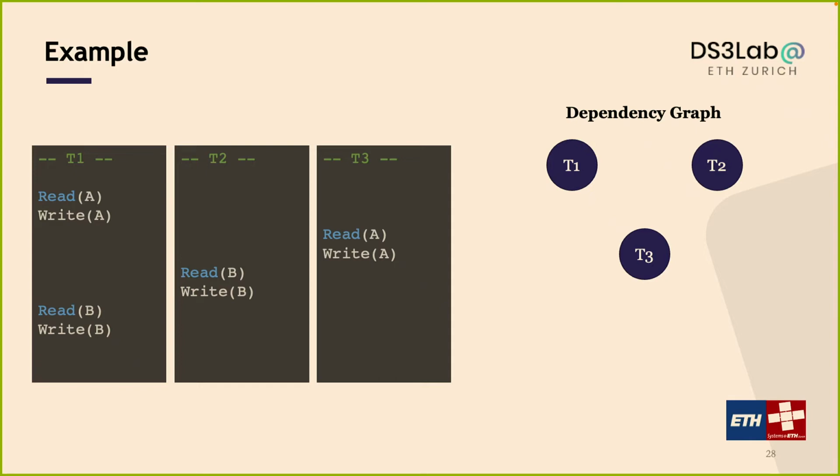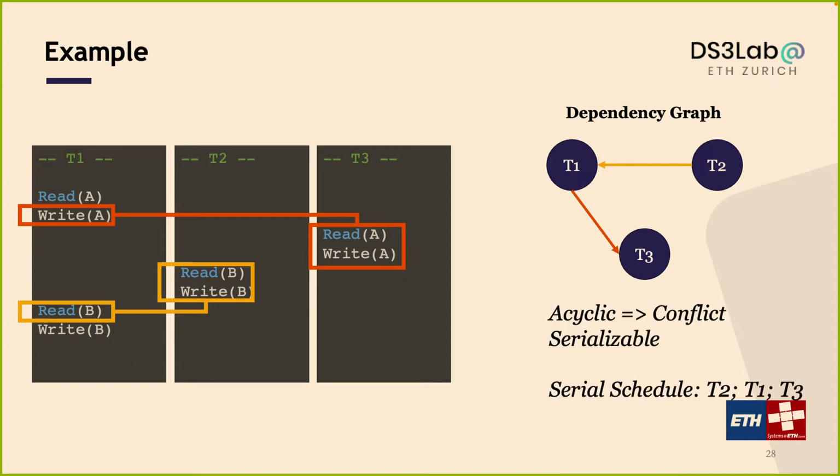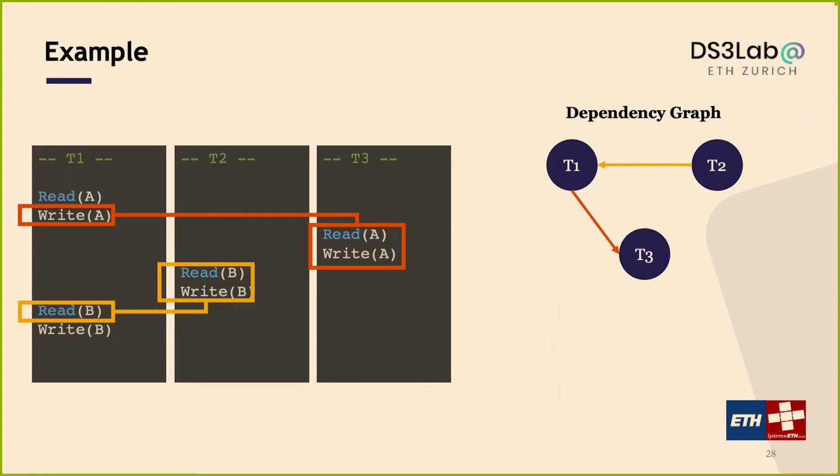Then you look at every single pair of conflicting operations. T1 has a write A, and T3 has a read and write A. There's a conflict, so there's an edge from T1 to T3. If you look at this pair, there's a conflict from T2 to T3, and from T2 to T1. Then there's no other conflict in the schedule.